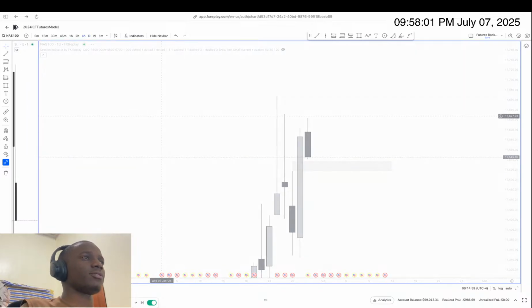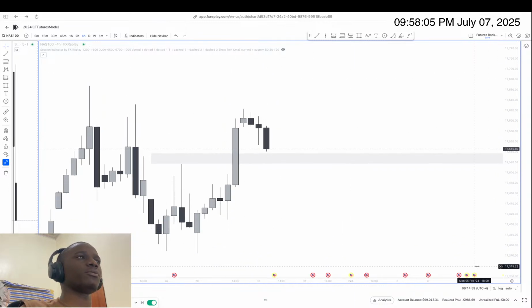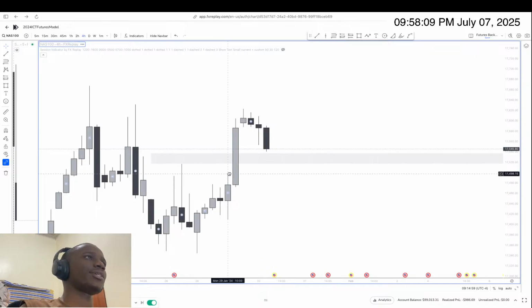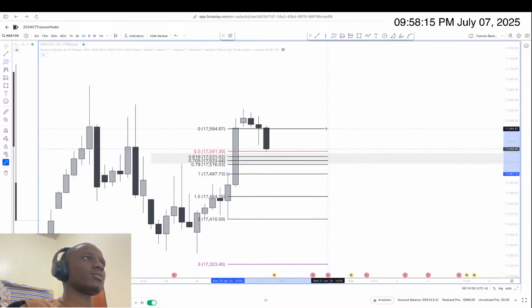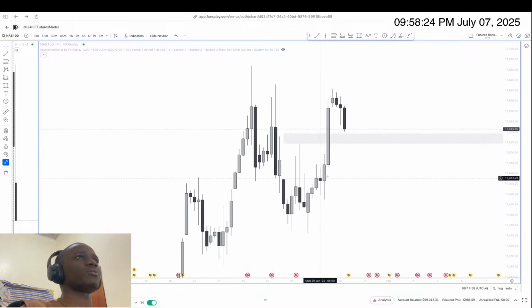Going to the 4-hour here, you can see that we have this huge gap on the 4-hour, and I don't think we've even reached its consequent encroachment from here to here. Well, did we? Yeah, looks like we actually reached the consequent encroachment. But this drop isn't some big thing.